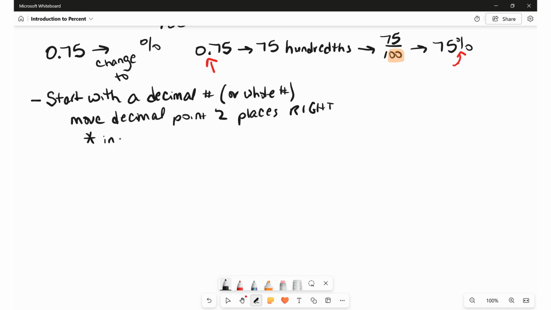In other words, multiply by 100. Some examples.